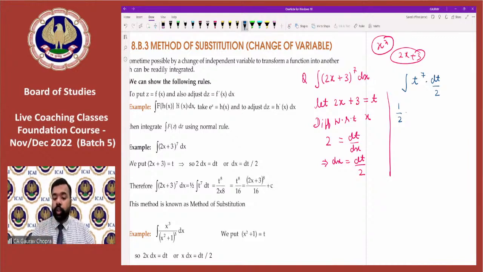Now the integration of t to the power of 7 becomes t to the power of 7 plus 1 divided by 7 plus 1. So what is left is t to the power of 8 upon 16, plus c. And at last we substitute the value of t again. It becomes (2x plus 3) to the power of 8 divided by 16, plus c.